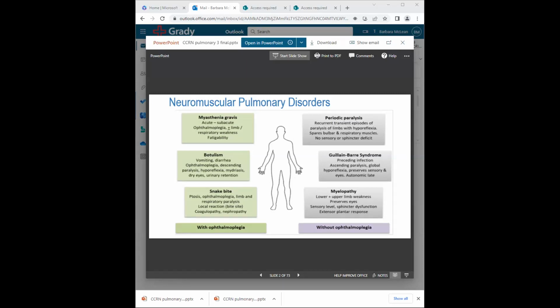When we percuss over the area that isn't moving well, remember when you are percussing over an area, the sound will be much greater if it is carried through air. So if I have a pneumothorax, I'm going to have a tympanic sound. If I have a pleural effusion, when I percuss over that area, the sound is going to be dull because fluid is going to absorb the sound. So that's always a really important thing to remember.